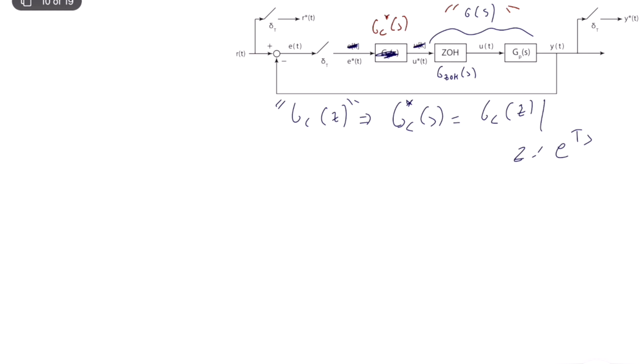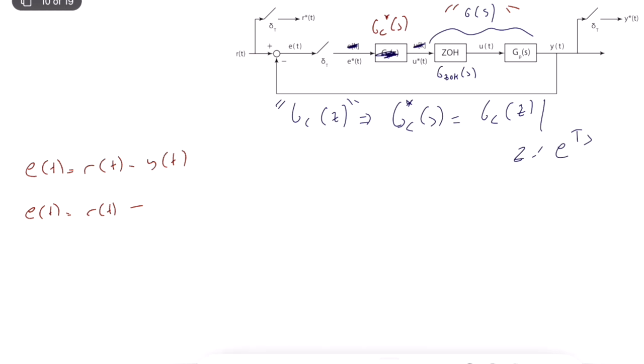We know that e(t) is equal to r(t) minus y(t). There's no problem. Let's first find the transfer function from R star to E star. So e(t) is equal to r(t) minus, instead of y(t), what we can use is this, e star.